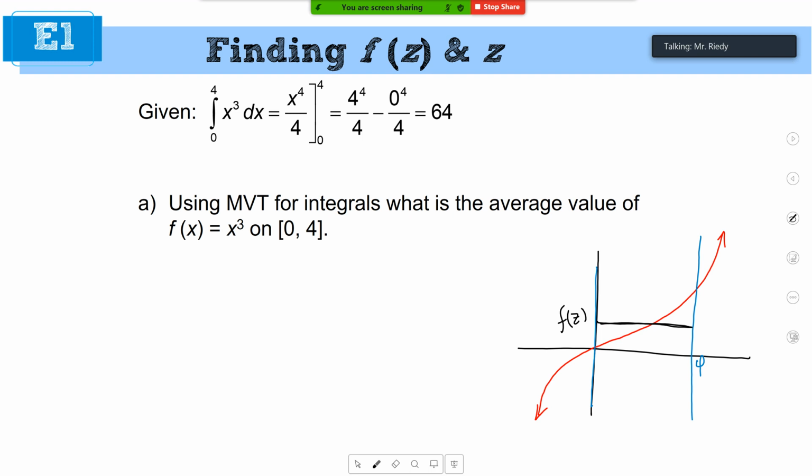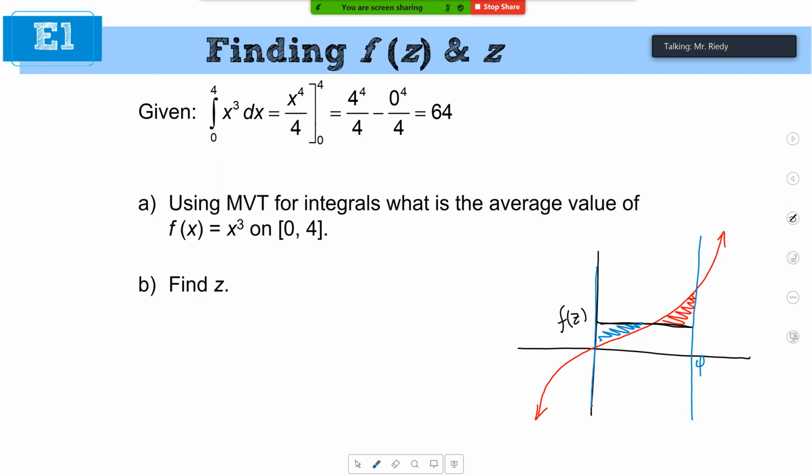If I've drawn my picture accurately enough, then this area should equal this area, just like we did in the previous example. Because the blue is above the curve, we want to fill in that part above the curve with the part under the curve, which is the red, so that we get the area of that rectangle. Okay, so that's the concept.